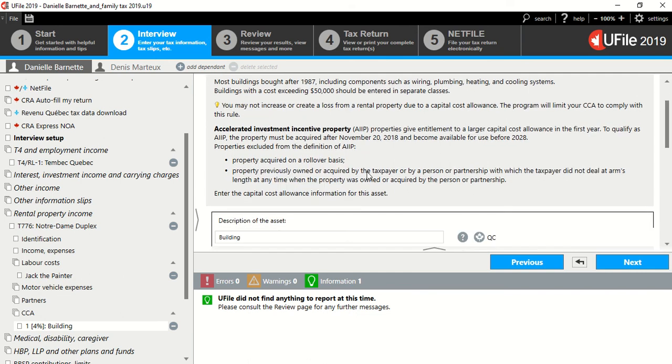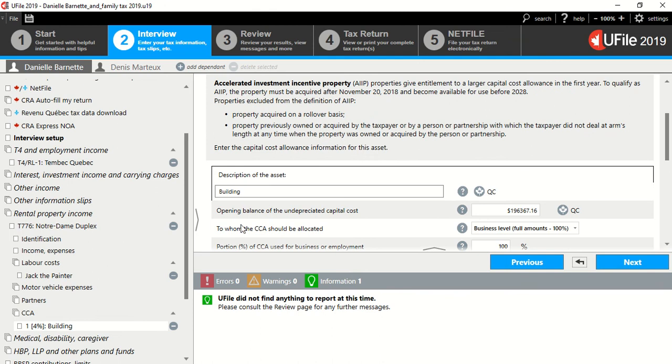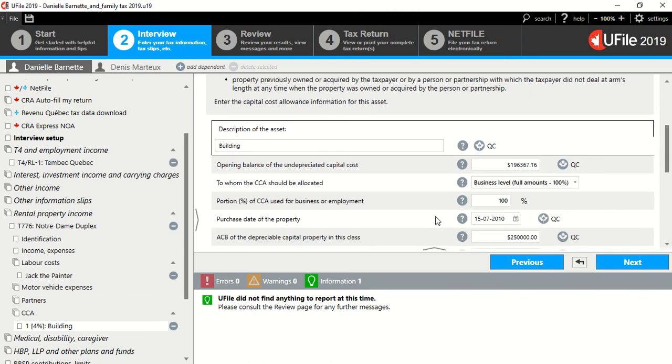To give you a basic example, we'll use a building that was amortized over the course of 5 years. The opening balance of the depreciation was 196,367.16. Business level only. It was purchased in 2010.